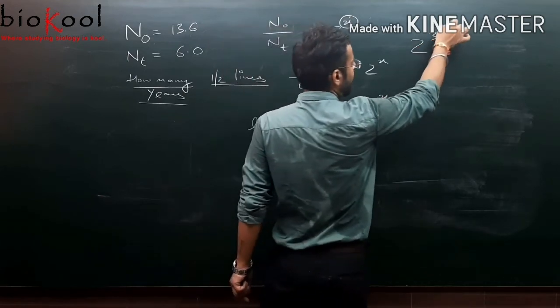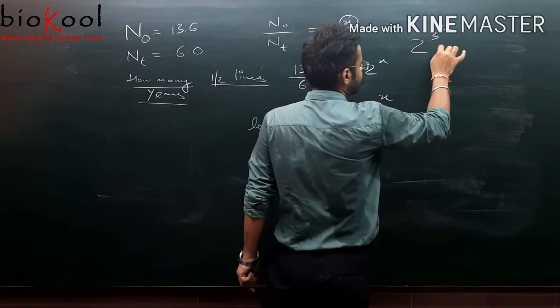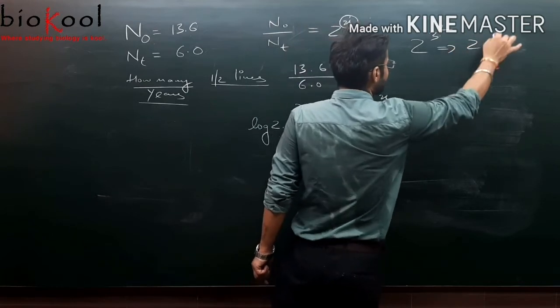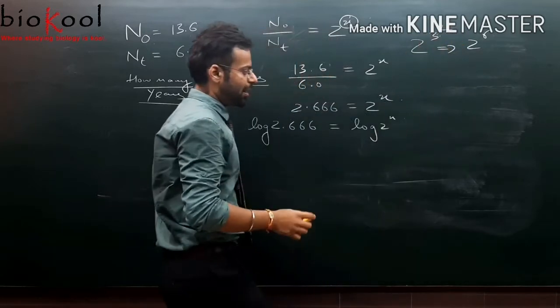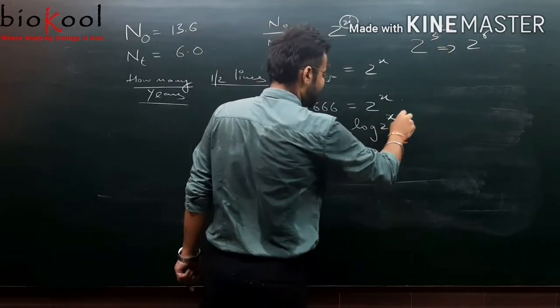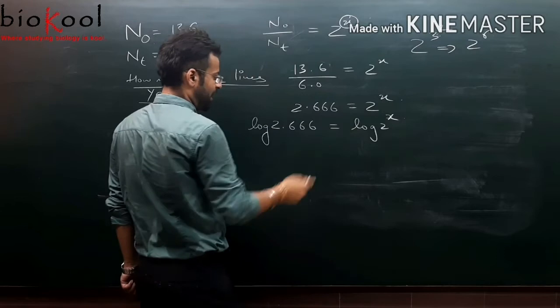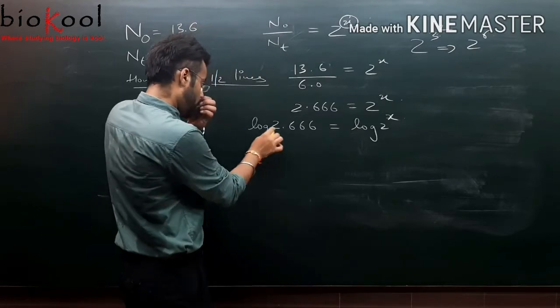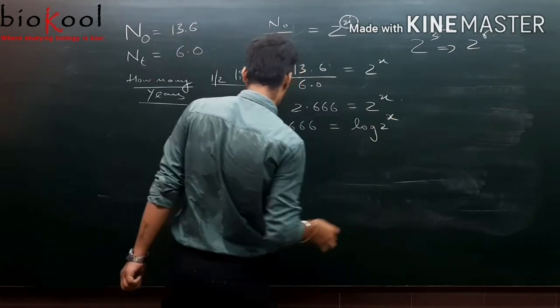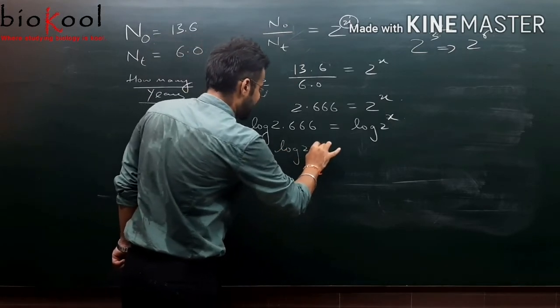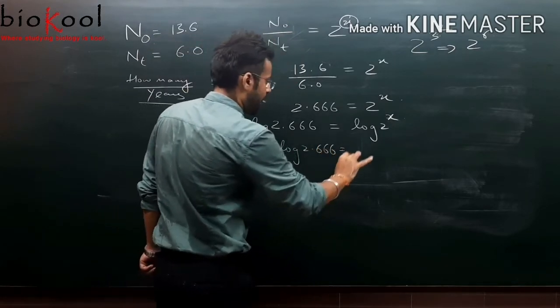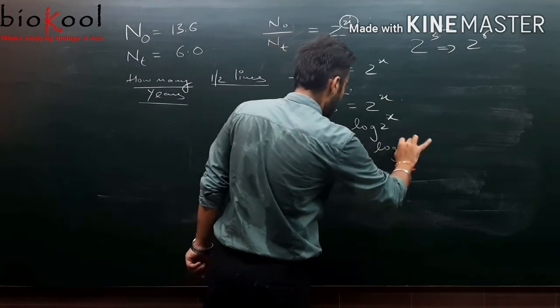So 2 to the power 3 to the power 2 is actually 2 to the power 6. So it is multiplied. Similarly, here the x in the power goes into multiplication. So log of 2 to the power x gives log 2.266 is equal to x log 2.